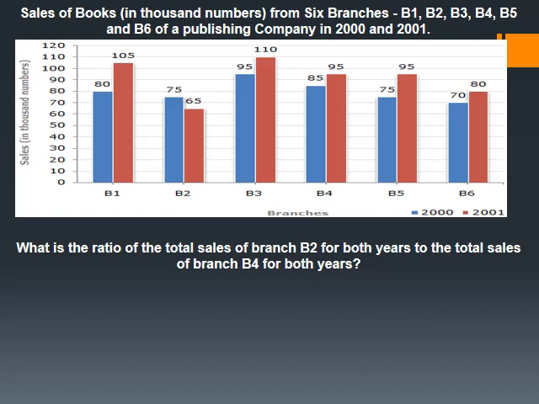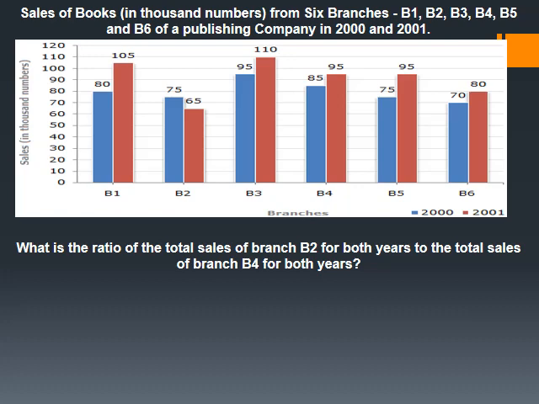It is specifically saying total sales in both cases. So 2000 and 2001 will be the total sales of branch B2. So we have 2 branches, B2 and B4, and we are comparing B2 with B4 in total sales.